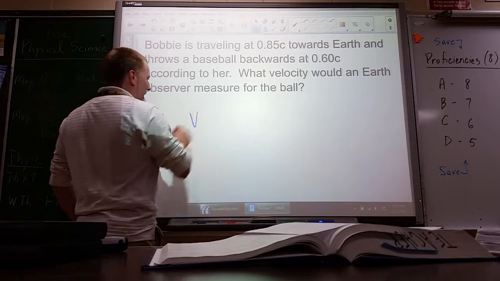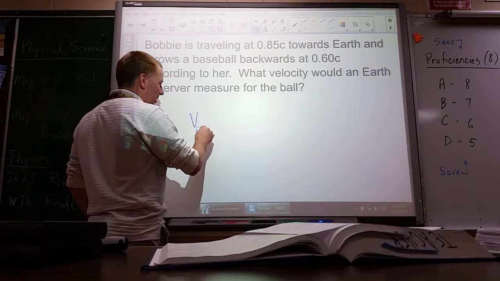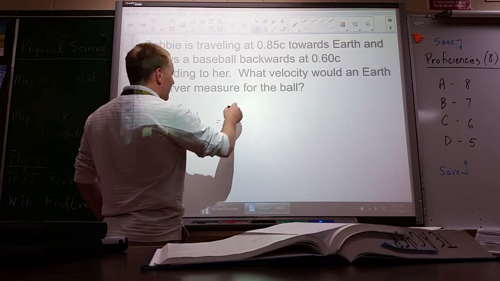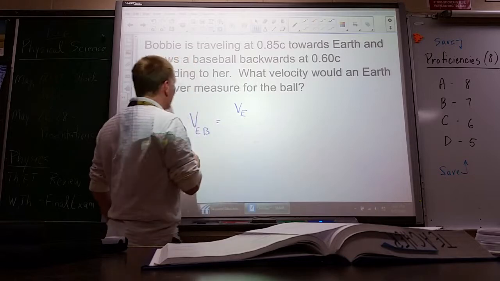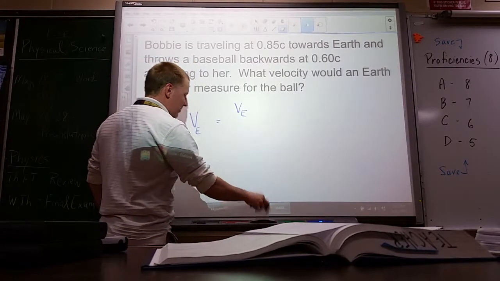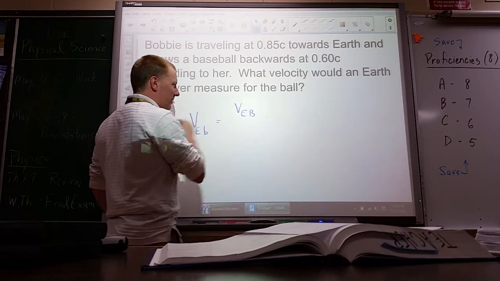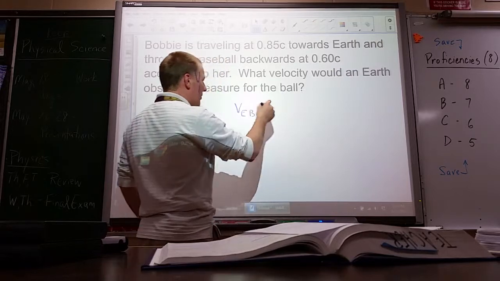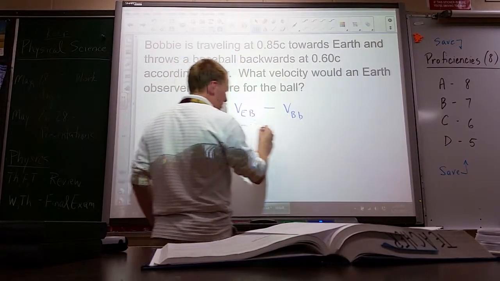When we are looking at the velocity between Earth and the ball, we would take her velocity, so our starting Earth and, oh, that's not good. Let's make the ball a lowercase b. We take the velocity between Earth and Bobby. We'd have to subtract the velocity between Bobby and the ball because that's in the opposite direction.